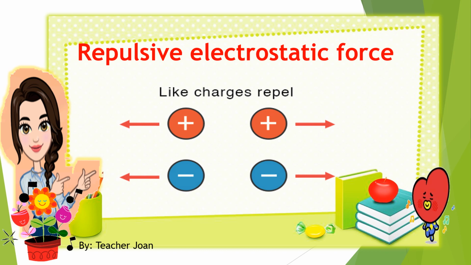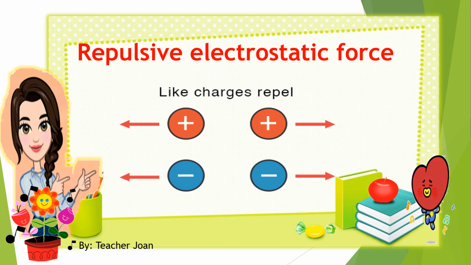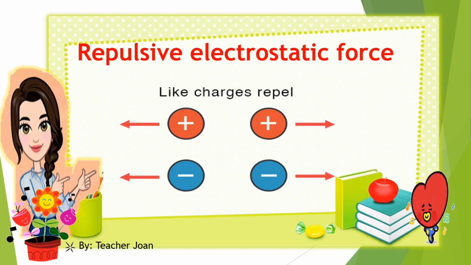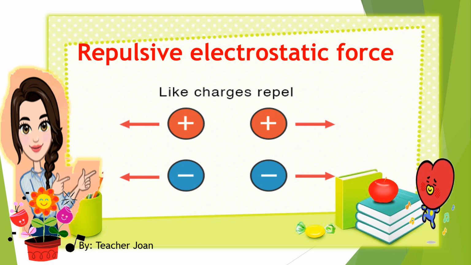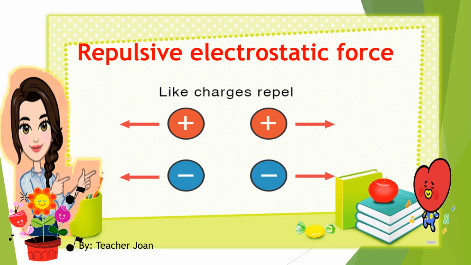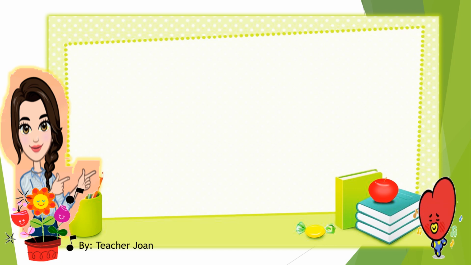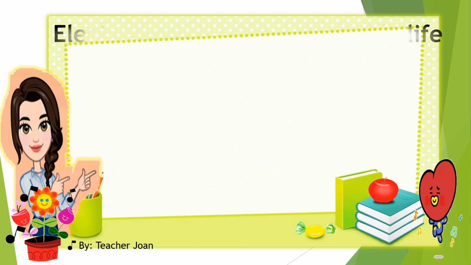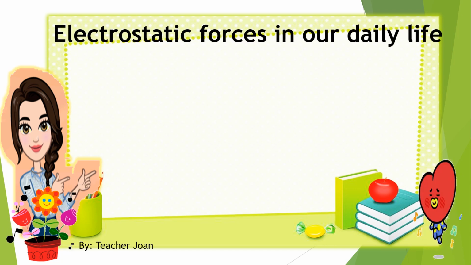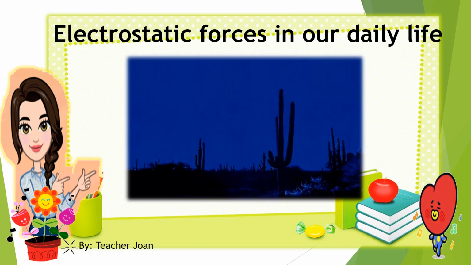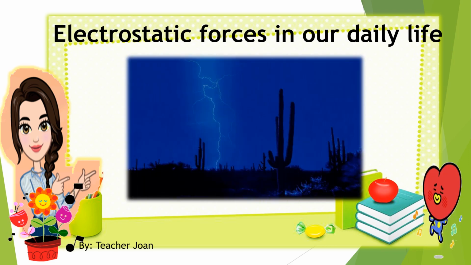The positive and positive move far away from each other, like the negative and negative charges. We have electrostatic forces in our daily life. The best example for this is lightning.